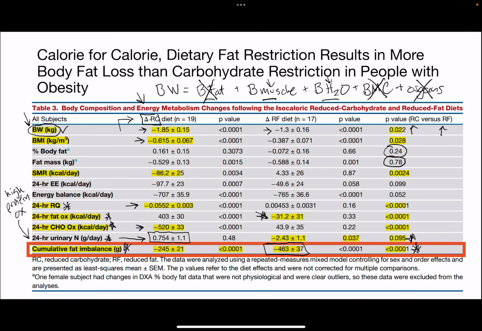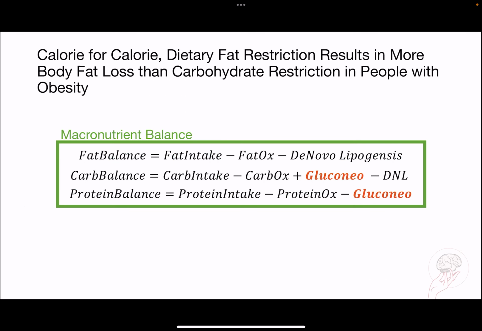And an important one to think about is it might be partially driven by this difference in protein oxidation between the two, even though protein is being held the same. So if we look back at our macronutrient balance, we see that gluconeogenesis is part of both carb balance and protein balance, but it's not related to fat balance.